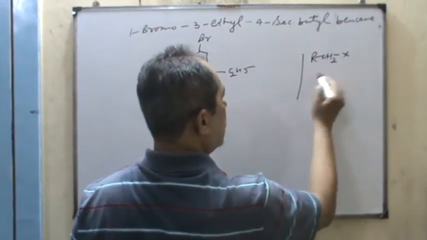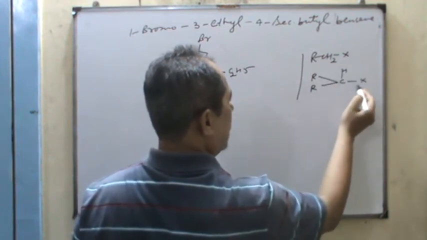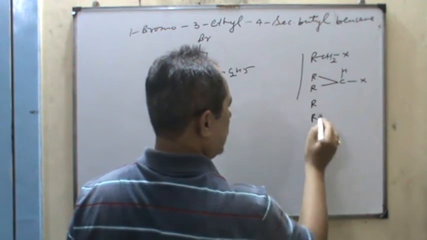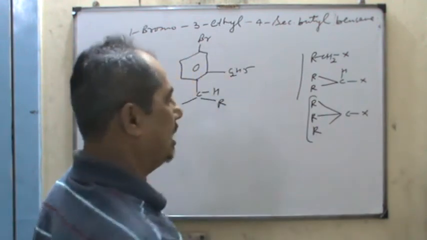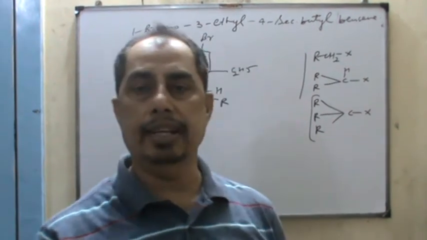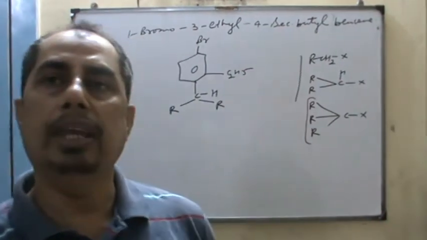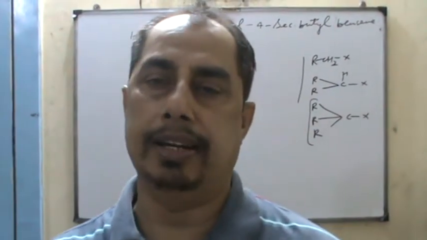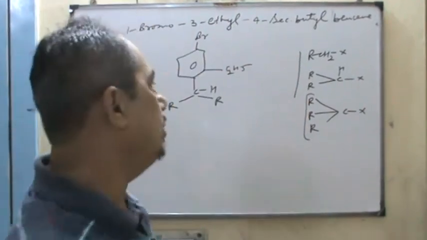It is primary, it is secondary, and it is what? Tertiary, or third. In tertiary, 3 alkyl groups. Secondary, 2 alkyl and 1 hydrogen. In primary, 1 alkyl and 2 hydrogen atoms. So primary, secondary: 1 degree, 2 degree and 3 degree.